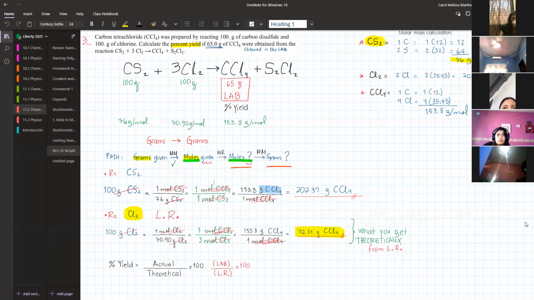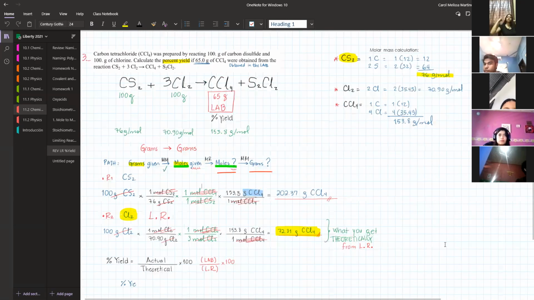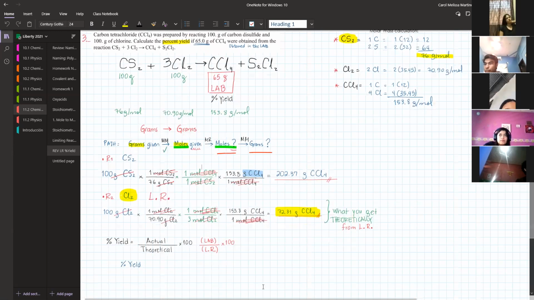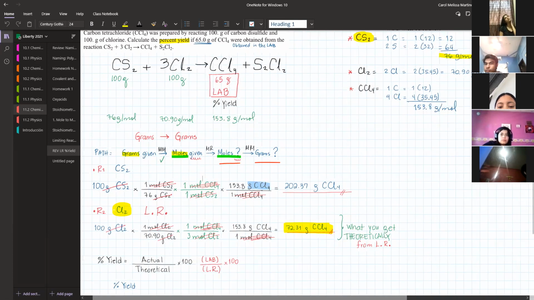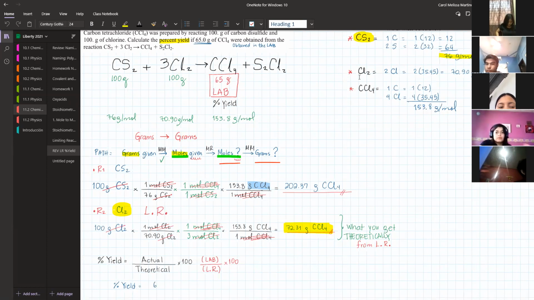So this is going to be equal to what you got in the lab, that is 65 grams of carbon tetrachloride, divided by the limiting reactant product, that is 72.31 grams of carbon tetrachloride, times 100.